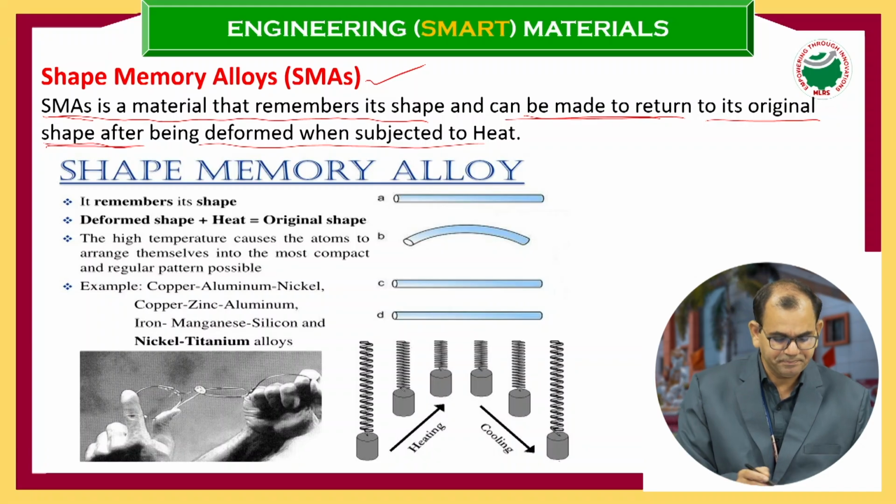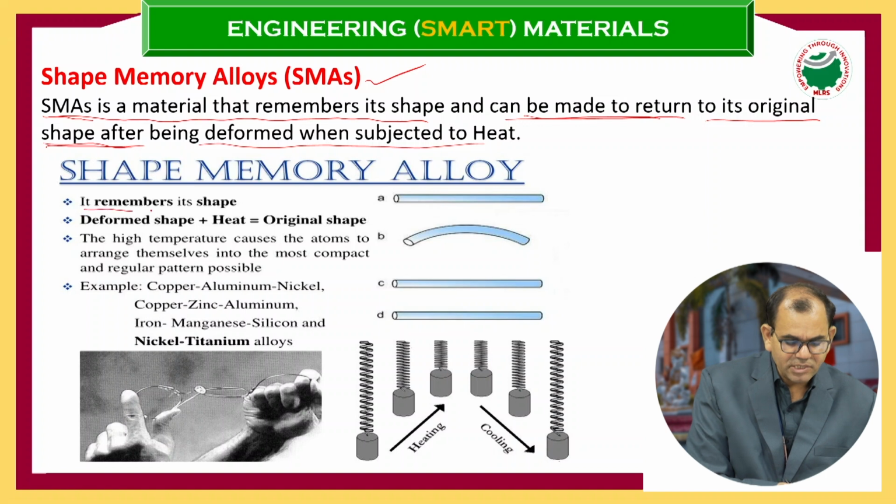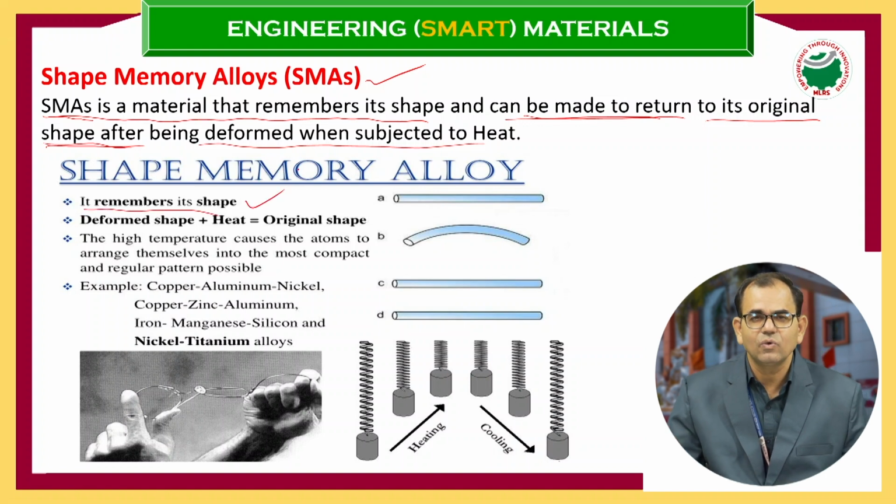Here we can see it remembers its shape exactly. There is no alteration in the shape. The shape remains the same based on external stimuli, which could be heat or pressure. It goes through some shape change, but upon taking away the temperature or pressure, it goes back to its original position.